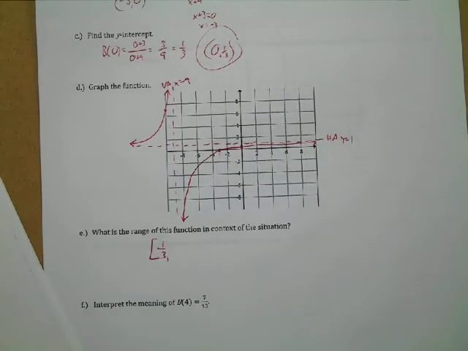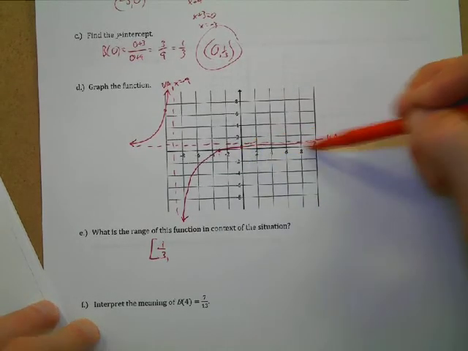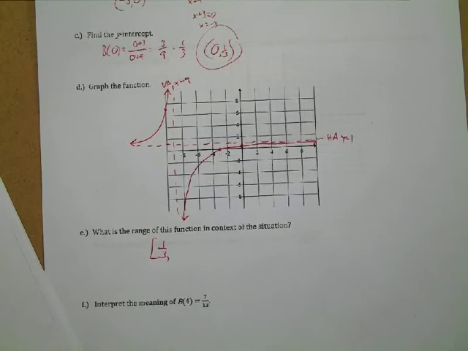and then what does it look like the batting averages? What are the y values approaching here as we go along? What does a batting average approach? For those of you that play baseball, what's the highest you can get?